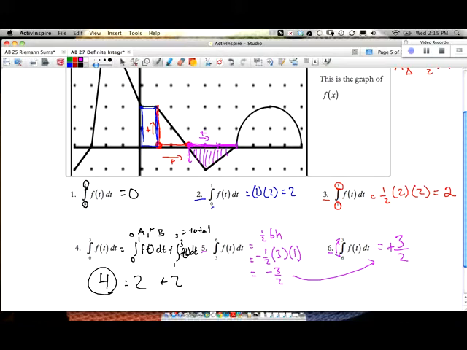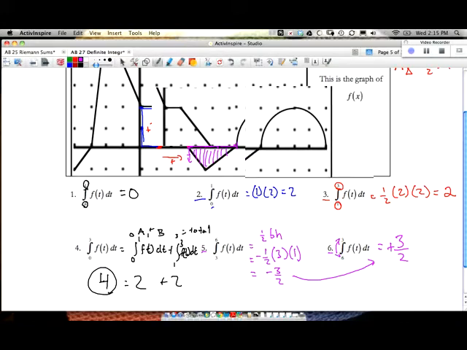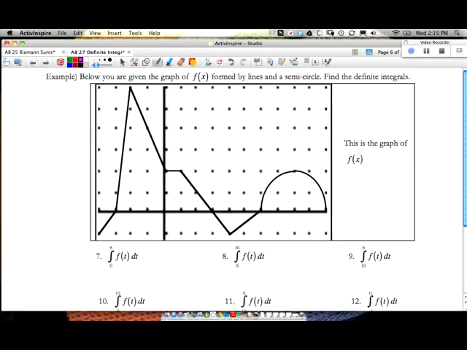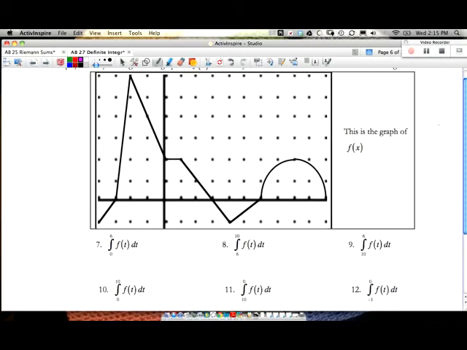I think we have some more with this same picture. Let's take a look. Yep, same picture, but now just more stuff. Okay, let's look at from 6 to 0. Now this is going to be kind of interesting because for 7, I know the integral from 0 to 3 of f of t dt is equal to, from the previous page, 4.